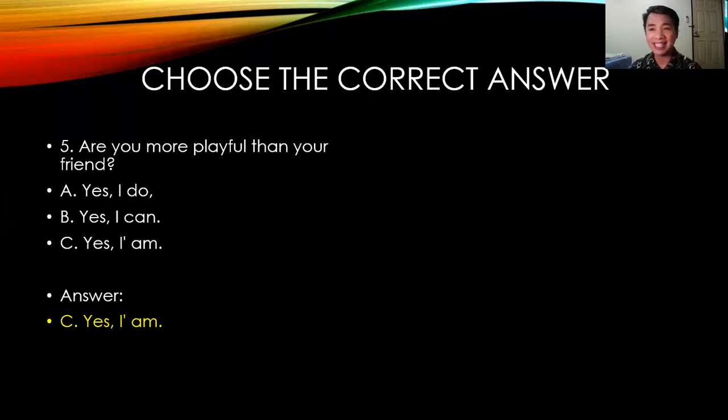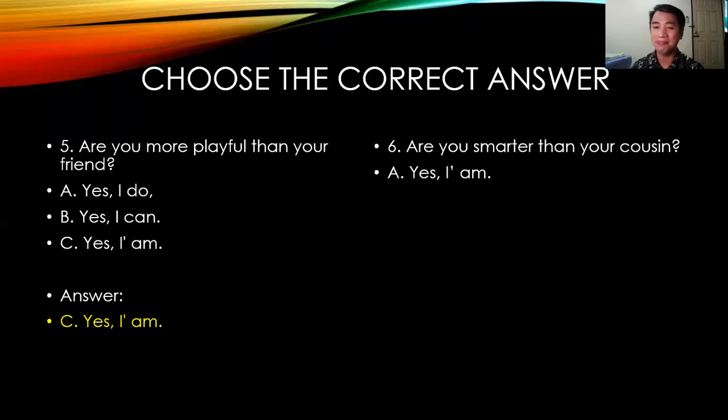Question number 6. Here it is. Are you smarter than your cousin? A, yes, I am. B, no, he can't. C, yes, I do. What is your answer? How will you reply to the question?